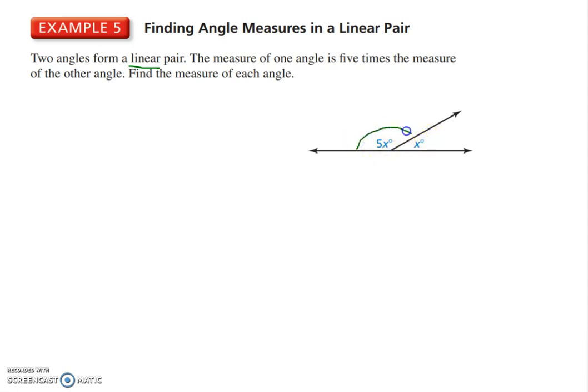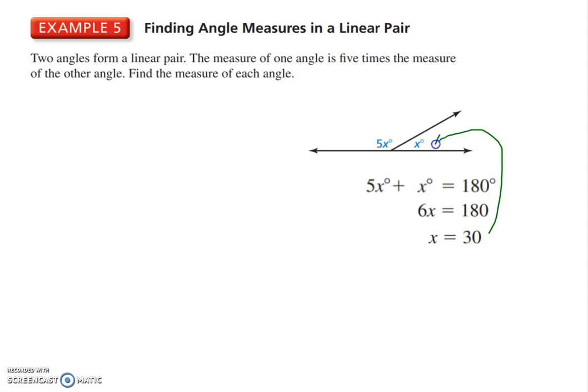Remember, these two add up to 180. So we're going to do 5x plus x equals 180. I can combine those to 6x is 180, divide by 6 on each side, and I get x equals 30. We want to know the measure of each angle. So this one is 30. This one is 5 times 30, so that one's 150.